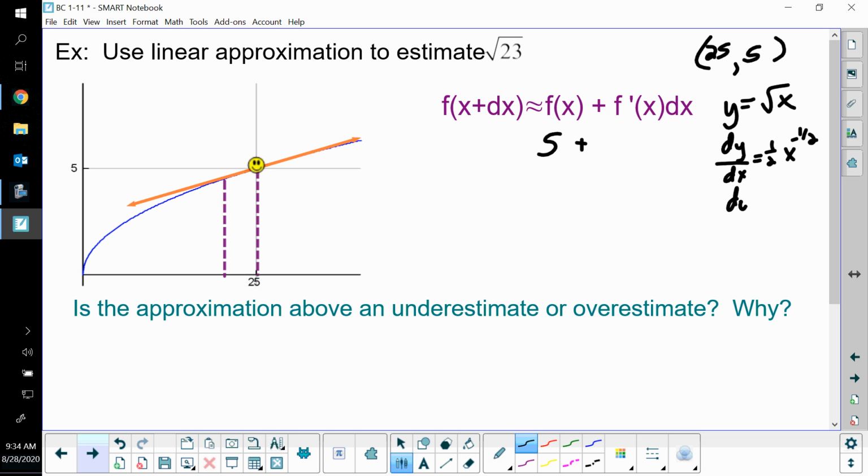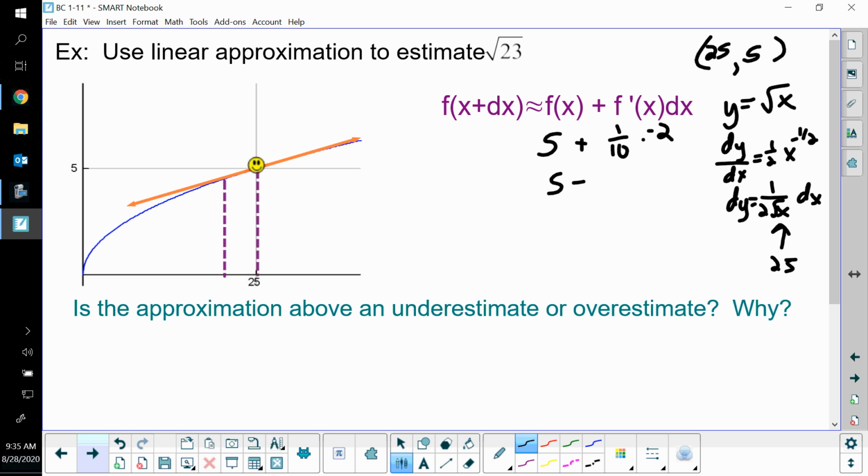Our differential will end up being 1 over 2 radical x dx. So if we sub in our 25 here, our x value of our point of tangency, we get back a tenth times the dx, what we're changing by. Well, our x value at the point of tangency is 25. We're going to 23, so that's 2 to the left, so we're doing a negative 2.